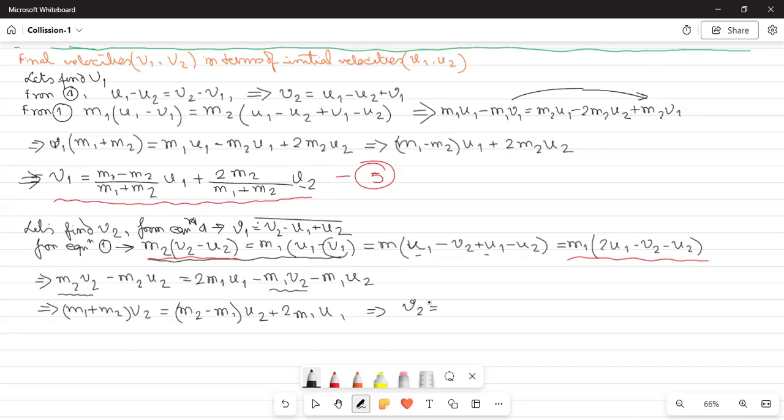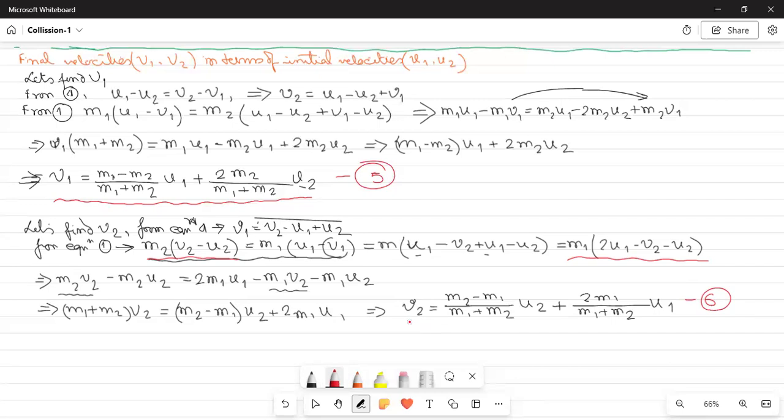So from here we get the final velocity of the second object is equal to (m2 minus m1) divided by (m1 plus m2) into u2, plus 2 m1 by (m1 plus m2) into u1. So let us consider this as equation 6.